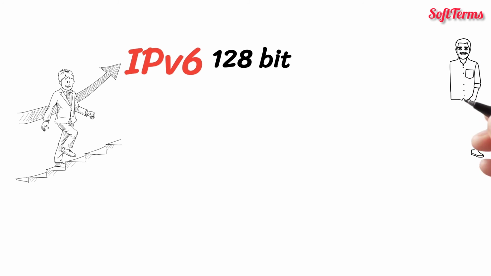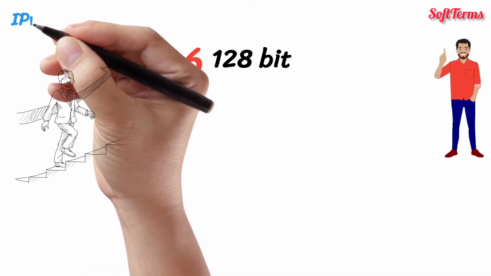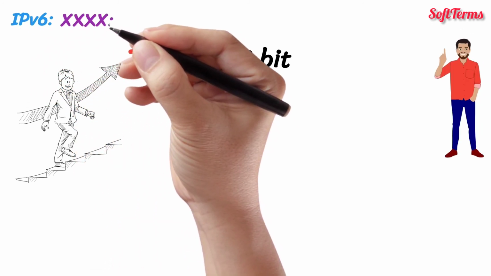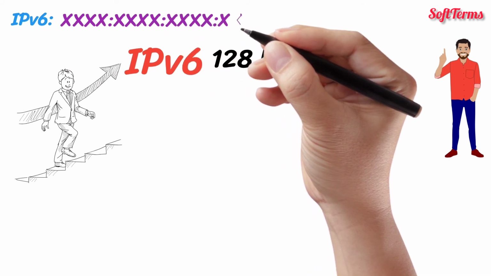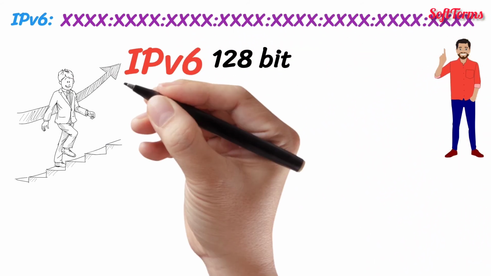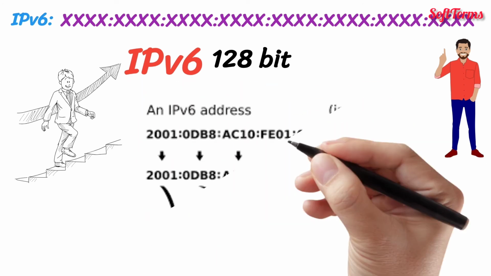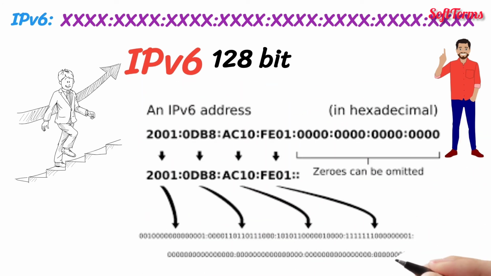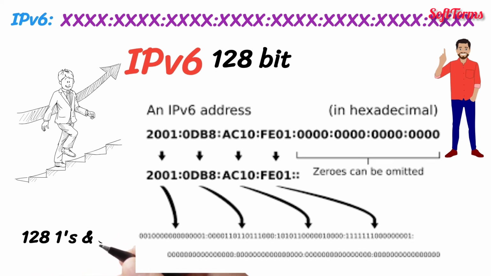In human friendly form, IP version 6 is written as a group of 8 hexadecimal numbers separated with colons. For example, in human friendly form, the IP version 6 address can be written like this, while in computer friendly form, an IP version 6 address can be written as a sequence of 128 ones or zeros.